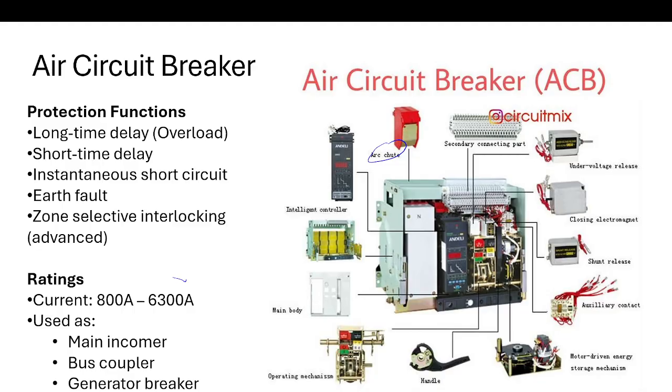For the set time, it will allow the equipment to draw more current. Short time delay, instantaneous short circuit: in the event of a short circuit, it trips the mechanism instantaneously to prevent any further damage. Earth fault: when cable damage or leakage is observed, it breaks the circuit.